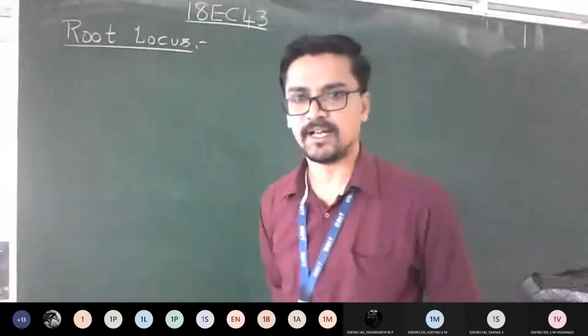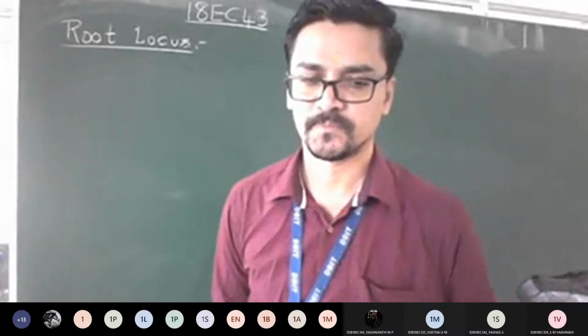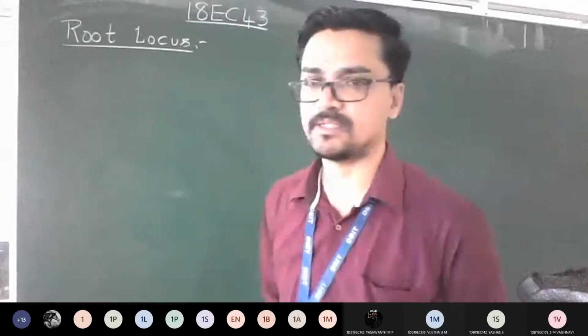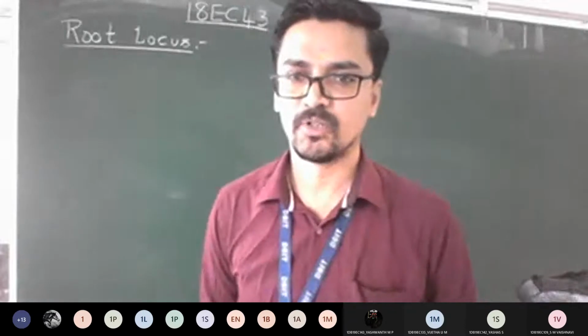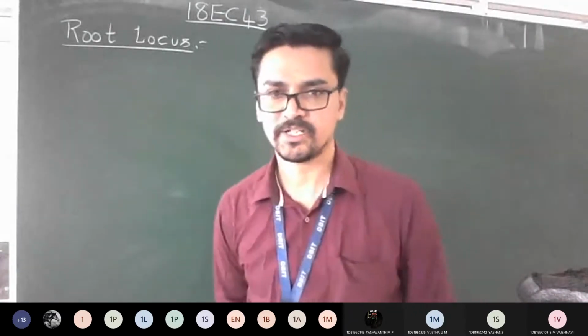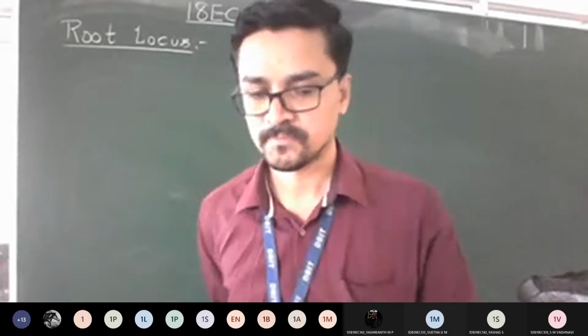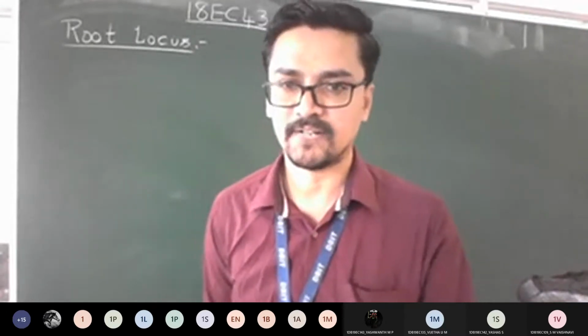Write down the heading as root locus. What exactly is this root locus? Just make a note, one point you can add. See, root locus is a graphical representation or a graphical method which is required for examining, I'll repeat, root locus is a graphical method for examining how the roots of a system change with variation of a certain system parameter, commonly within a feedback system.